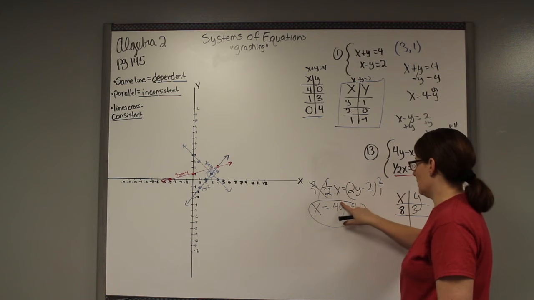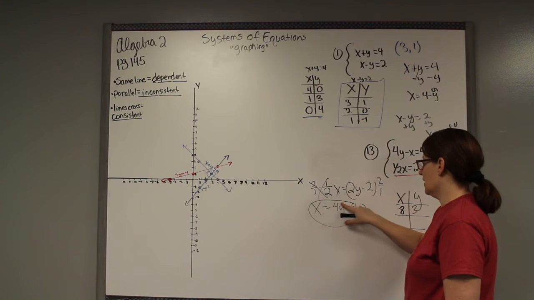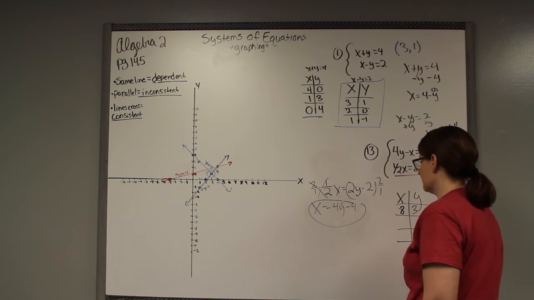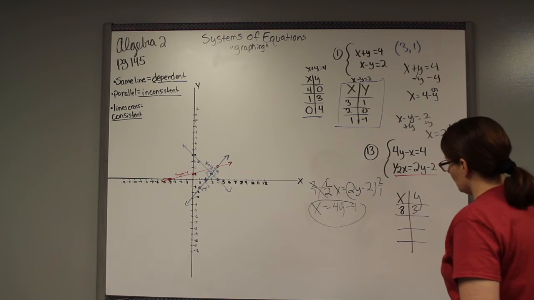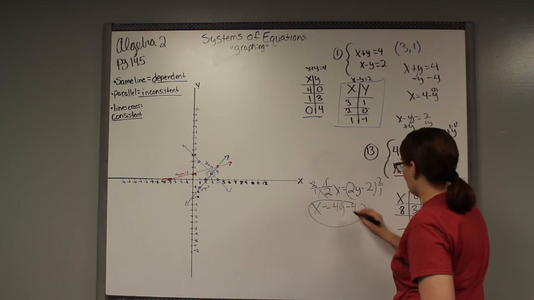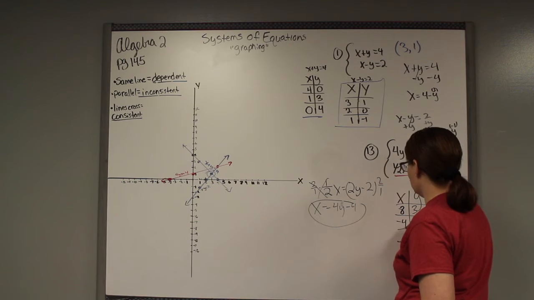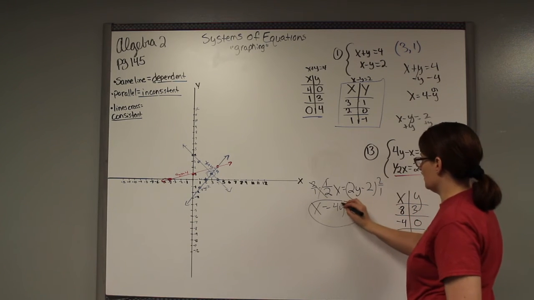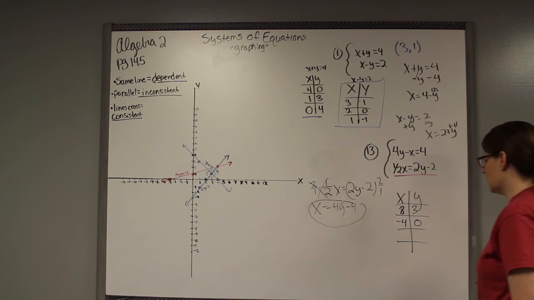We will go ahead and put, let's keep one that we did. We'll go ahead and put 0 in for y, which will give us a negative 4, because 4 times 0 is 0, and 0 minus 4 is negative 4.